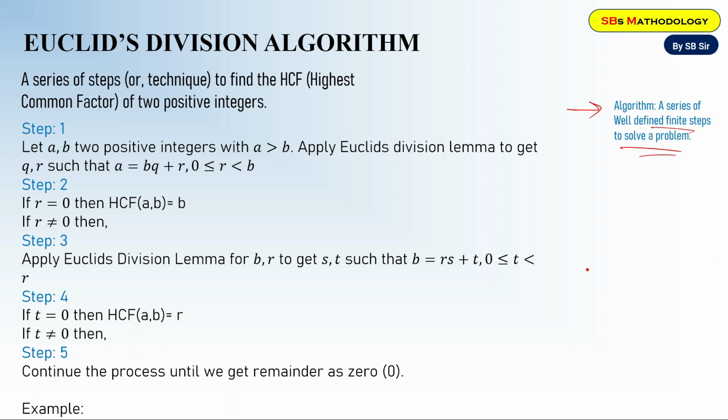Now here, Euclid's division algorithm represents a series of steps or techniques to find the highest common factor, that is HCF, of two positive integers. If we are given two positive integers, we can use Euclid's division lemma to find the HCF of the numbers.